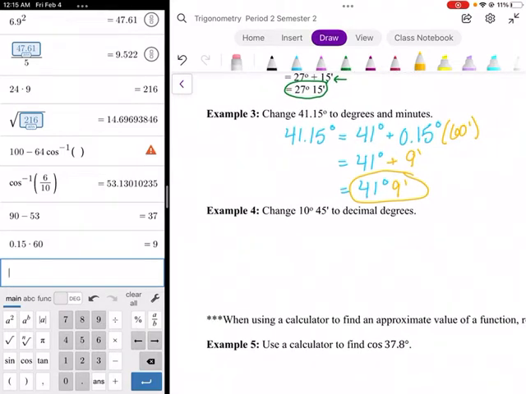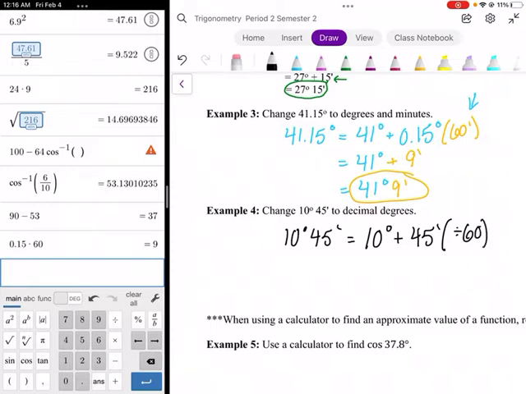We can also go from degree minutes to decimal degrees. So we're just going to do the opposite of what we did before. So before we multiplied by 60, now we're going to divide by 60. So we're going to start with 10 degrees and 45 minutes. So we're going to separate these, and then we are going to take the 45 and we're going to divide that by 60.